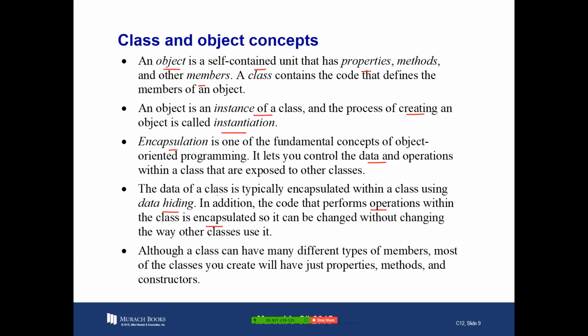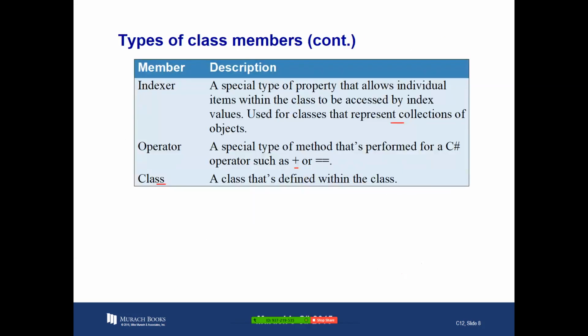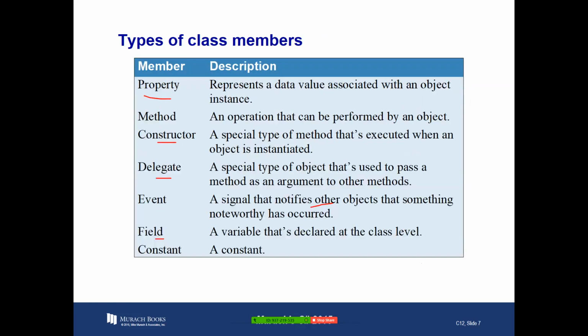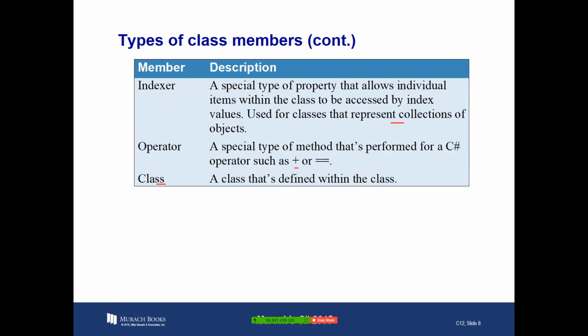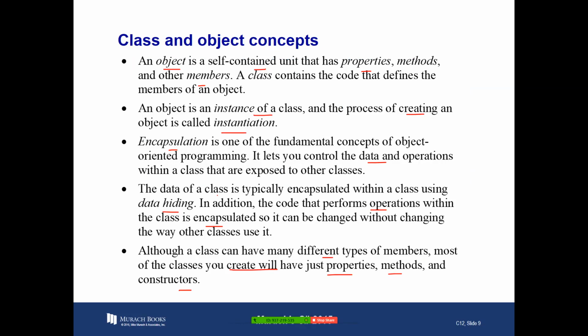So although a class may have many different types of members, most of the classes you create will have just properties, methods, and constructors. All those other things that we talk about, indexers and operators and delegates and events and fields and so on, we don't really use those that much. Some of those, like delegates, there are no delegates in Java.